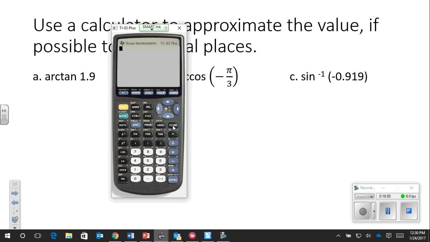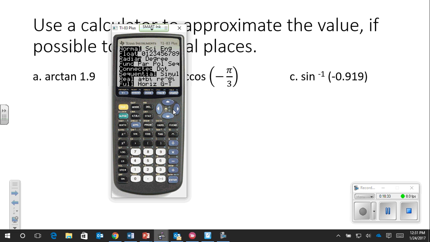Okay, so do we want to be in degrees or radians? It doesn't matter in this case, right? We're going to find an angle whose tangent is 1.9. But if we're in radians, it's going to give us an answer in radians. If we're in degrees, it's going to give us an answer in degrees. Which one are you more comfortable and familiar with? Degrees. So it probably makes sense to have it in degrees so that you can ask yourself if that even makes sense, right?